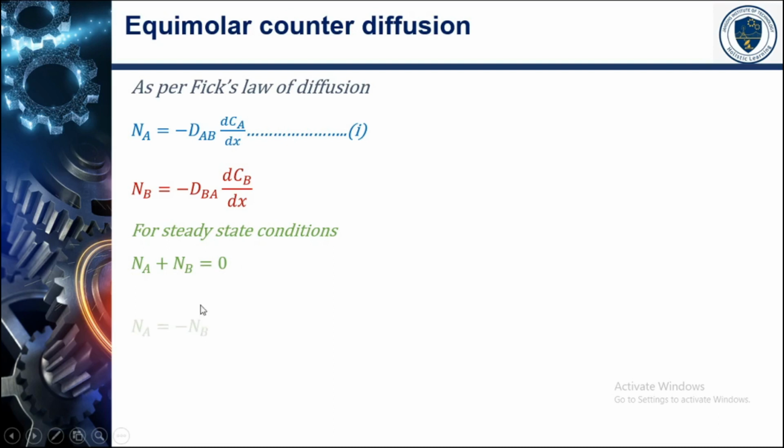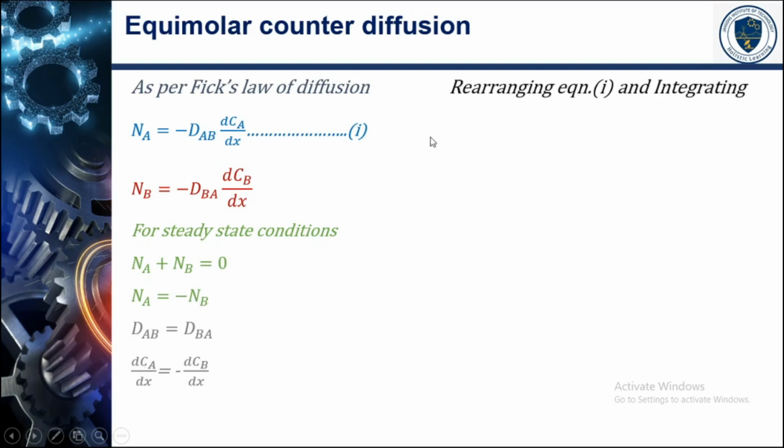If you rearrange this term, we will get Na is equal to minus Nb. So here the diffusion coefficients between the chambers are always equal, that is Dab is equal to Dba. So if you equate these equations, finally we will get dCa by dx equal to minus dCb by dx.